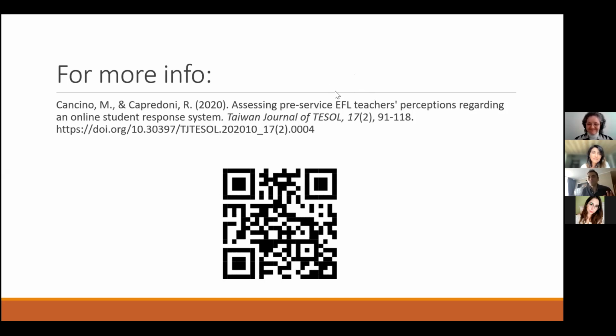I also wanted to point out that it reduces the time that teachers have to allocate for checking answers, because it gives you averages and percentages that you can use to make informed decisions in the classroom. And the perceptions of students were overwhelmingly positive. So in that way, it reduces time when you prepare the activities, and also when you have to check the responses.